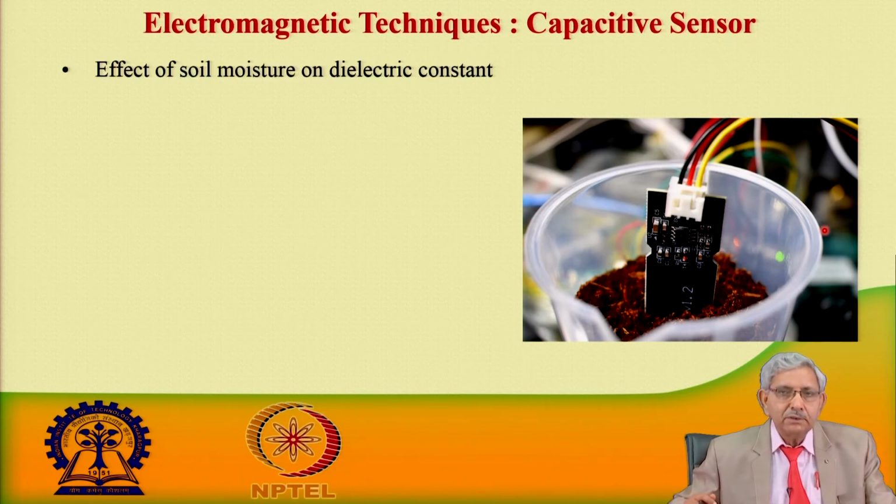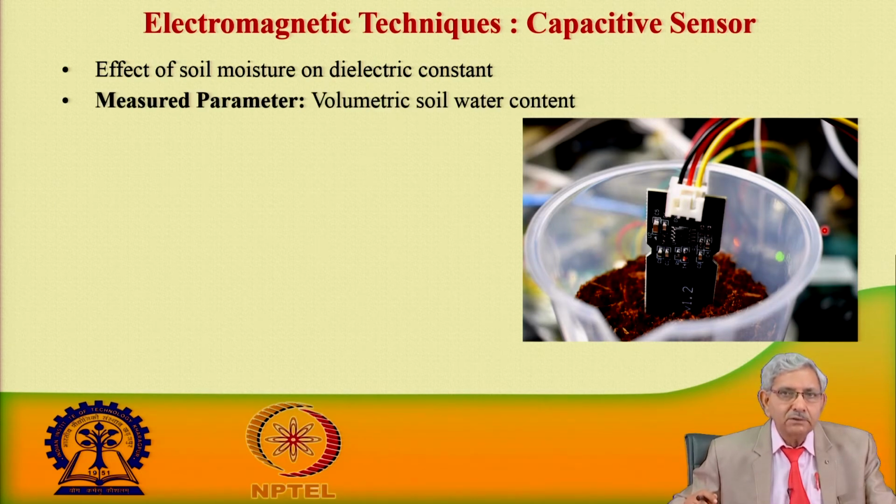Now, capacitive sensors are available. When I am talking about the capacitive sensor, here the observations are affected by the dielectric constant. So, the major parameter is brought in terms of volumetric soil water content.